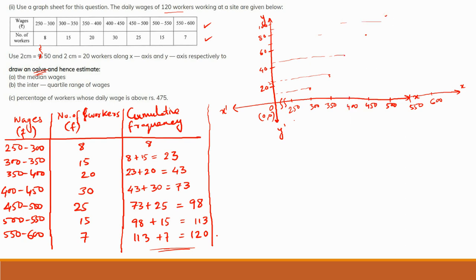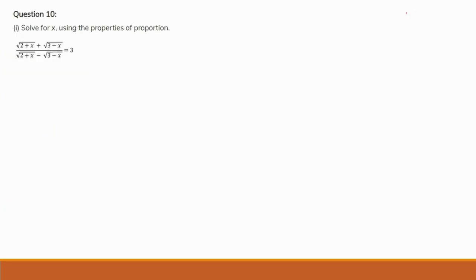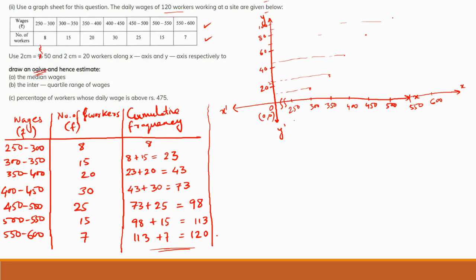All right. 500 to 550 is 113, so it will go like this, and this is the 120th point. Sorry, this is 98.